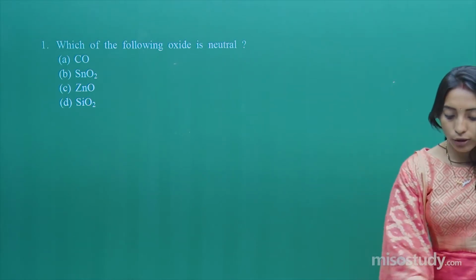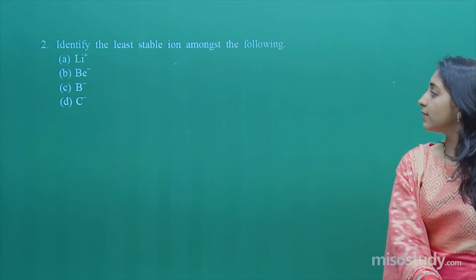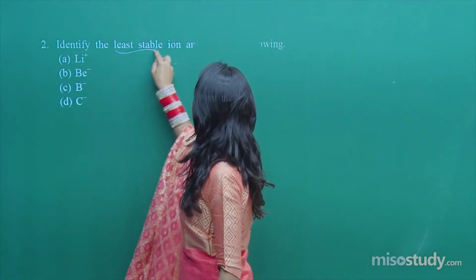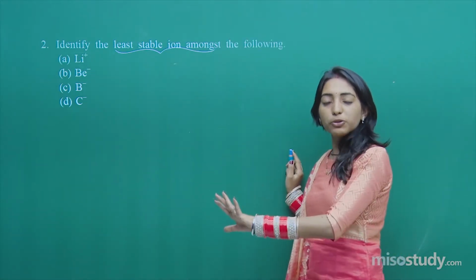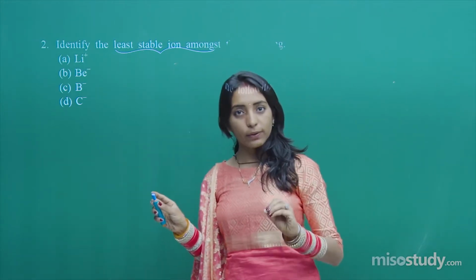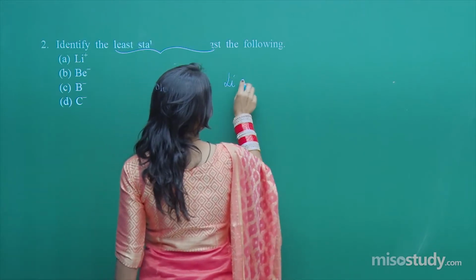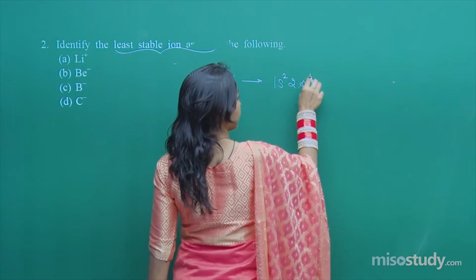When I am moving on to my next question, the question says that you need to identify the least stable ion among the following. So 4 options are given and we need to pick up the least stable ion. Let me first write. So we have lithium, whose electronic configuration is 1s2, 2s1.